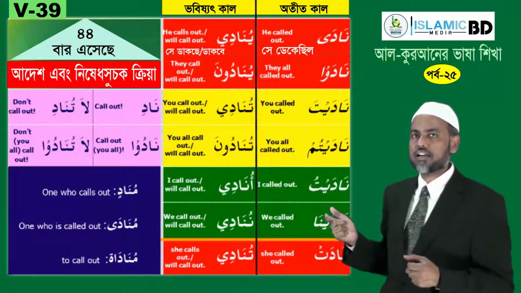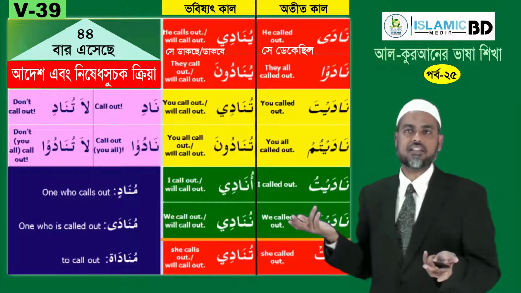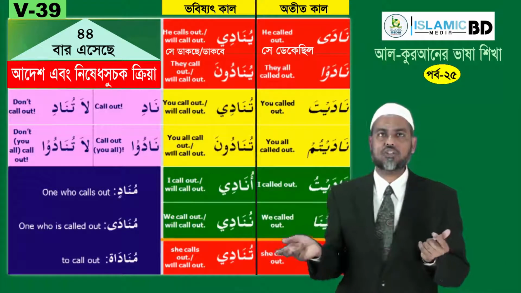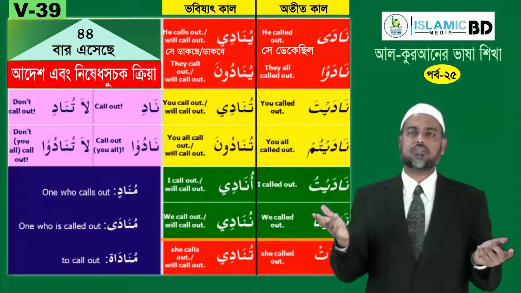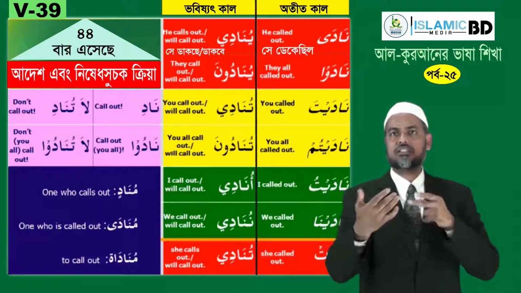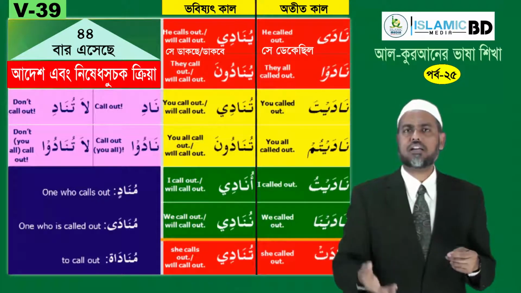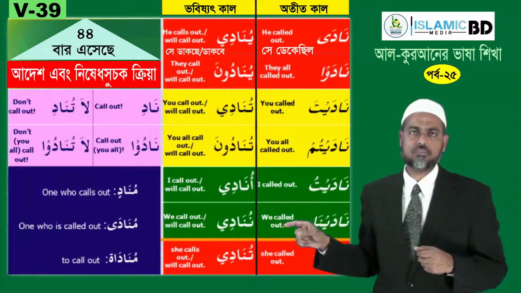But qatala, to fight, means you fight only when the other guy is fighting. Otherwise there is no fight. Similarly, nada, you call out to someone; you don't call into space or to empty things. Similarly, bahatha, jadala, and so on. So nada means he called out.